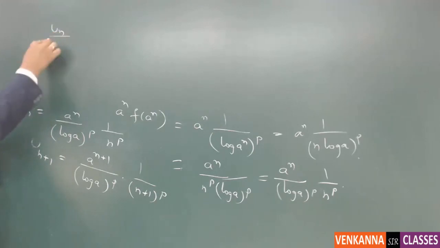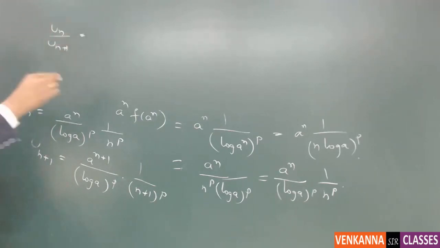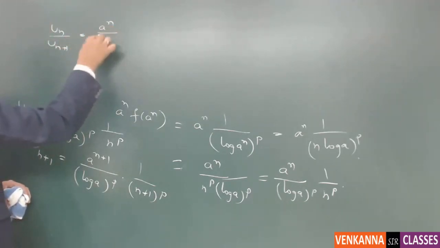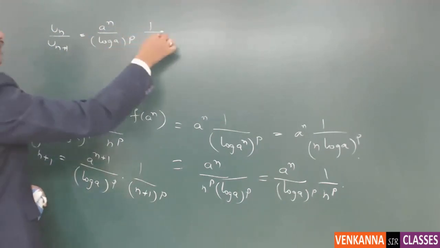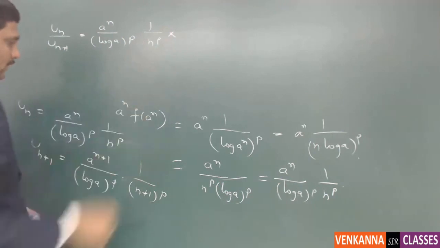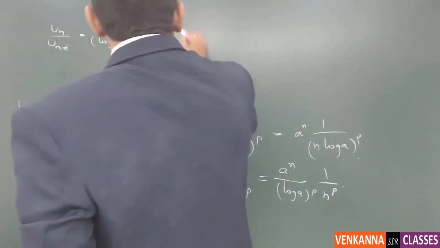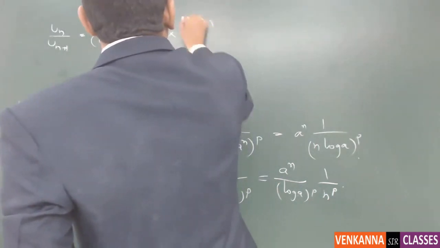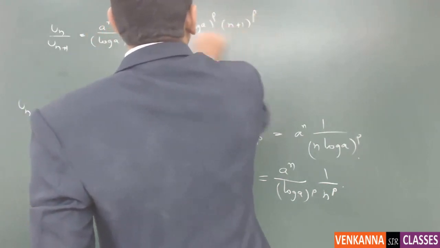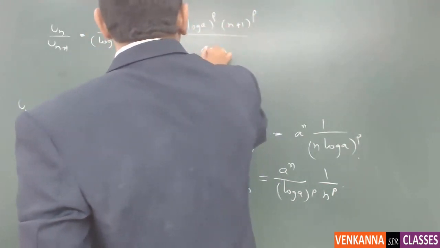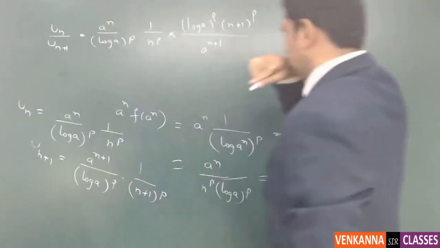If you have done un by un plus 1, this equals a power n by log a whole power p into 1 by n power p into log a whole power p into n plus 1 whole power p by a power n plus 1.